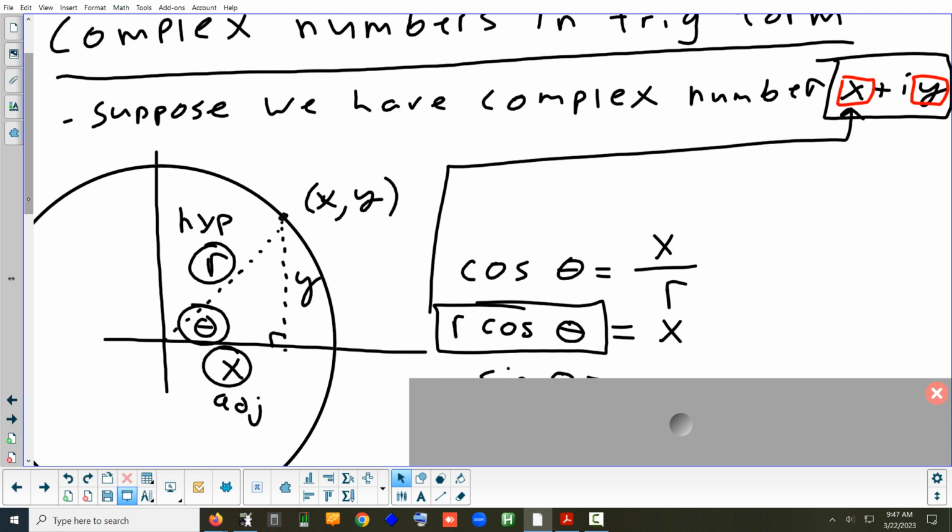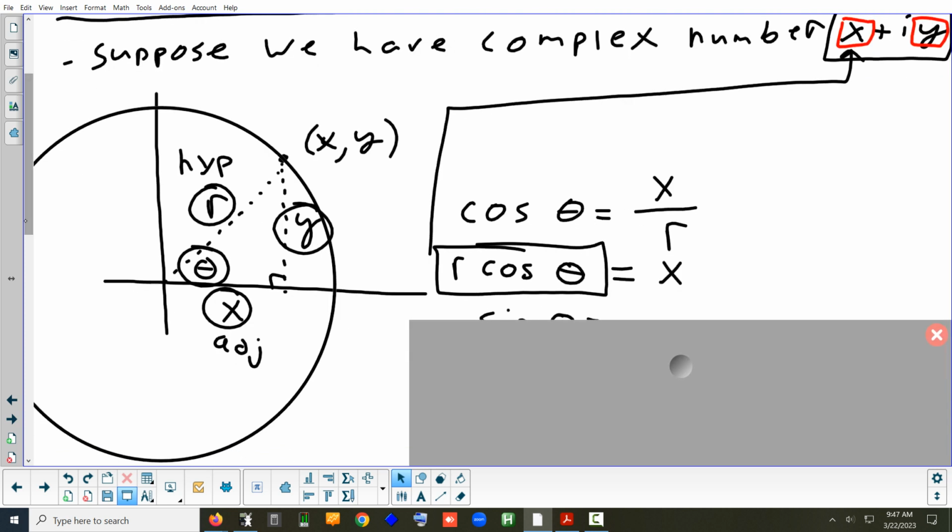Okay, in trig form, you are not allowed to use x and y. So that's how we're going to get rid of x. And now, what trig function would we use that would involve y? It's not cosine. Cosine involved x. So our choices are either sine or tangent.